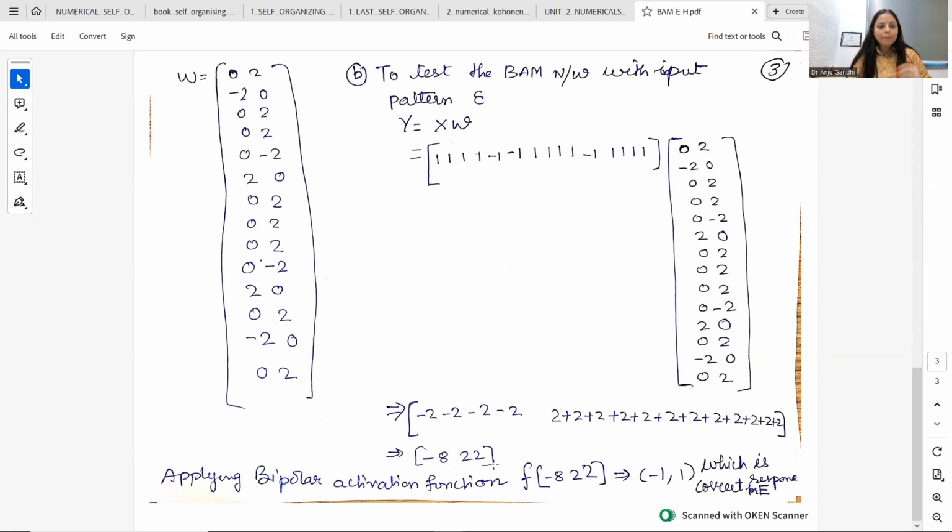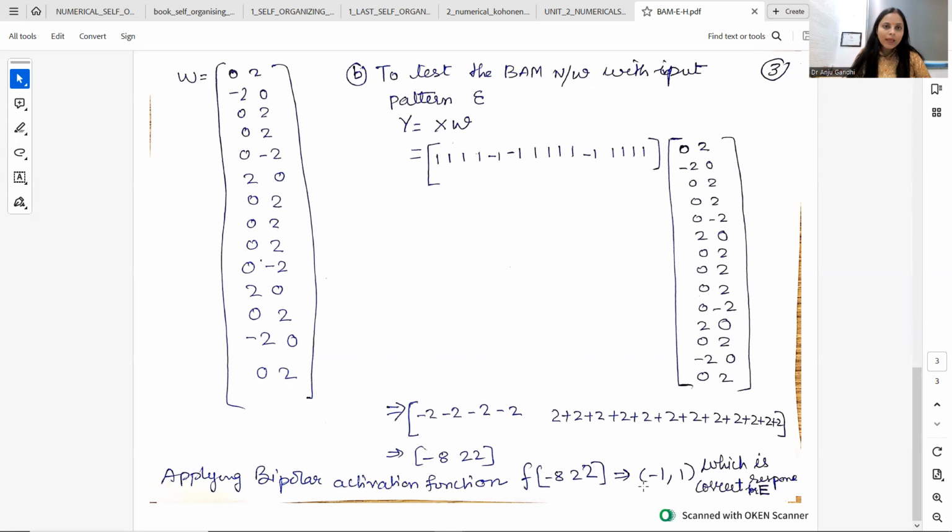Now by applying the bipolar activation function, a negative value gives -1 and a positive value gives 1. So it is proved that this is the correct response for E, because it was the target code given to us earlier, which we computed by taking the dot product of the weight and the input.